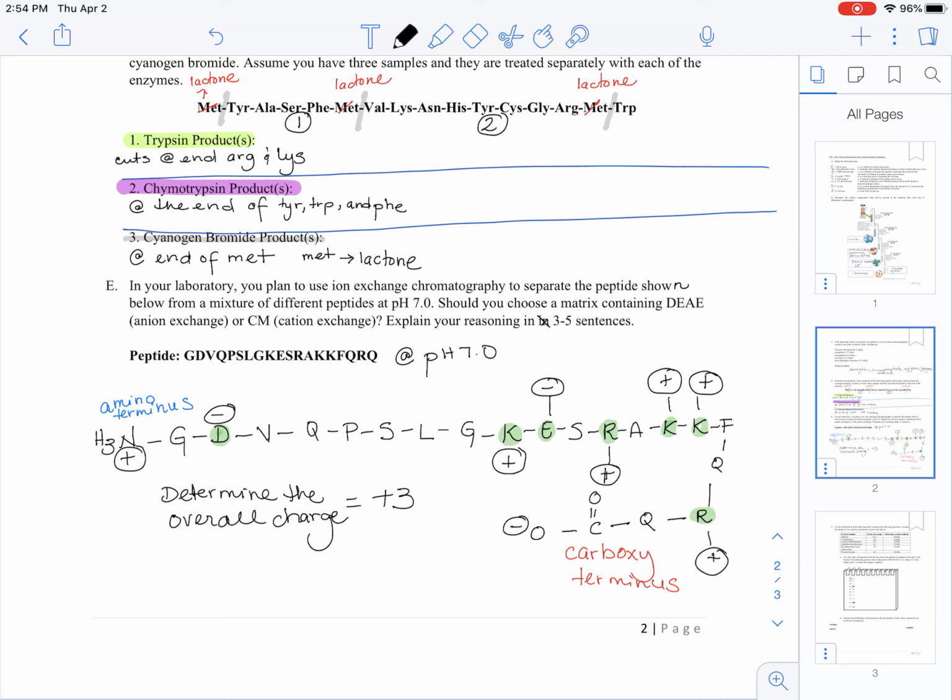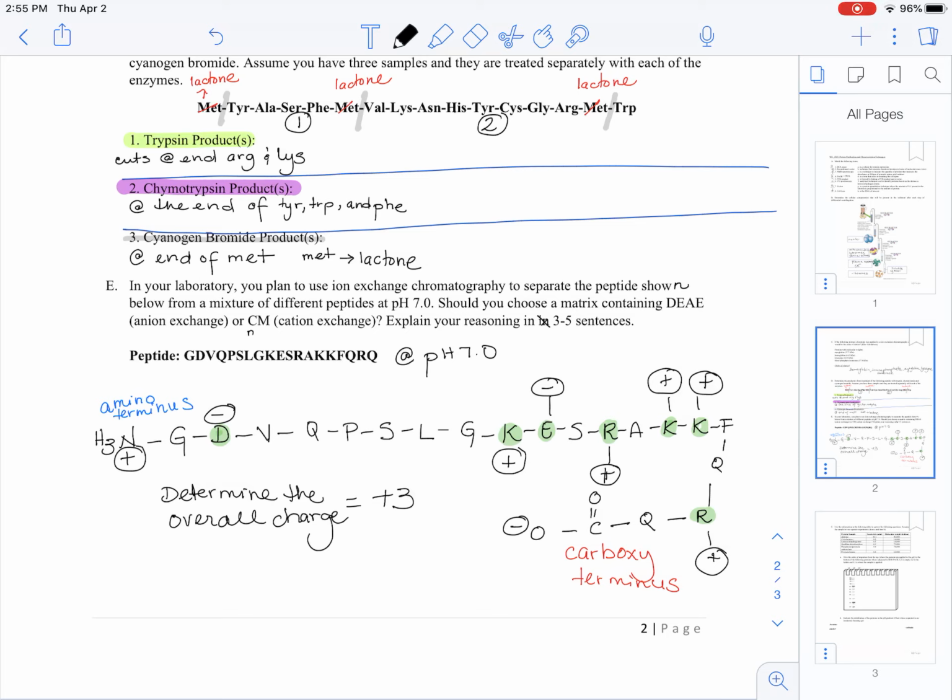When it comes to deciding whether to use a matrix for anion exchange or cation exchange, remember that for cation exchange, the matrix is going to be negatively charged.